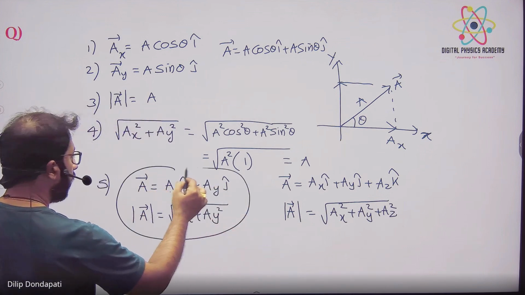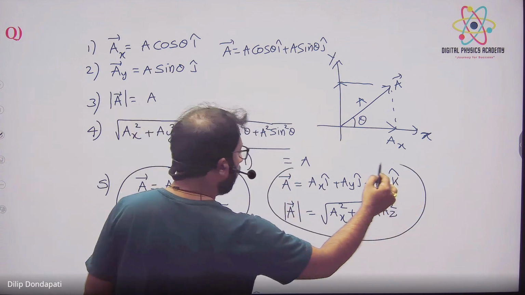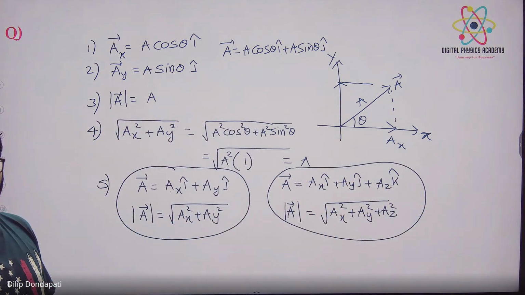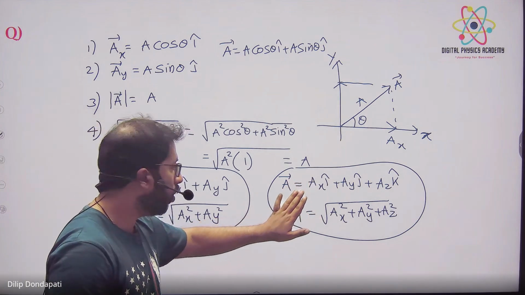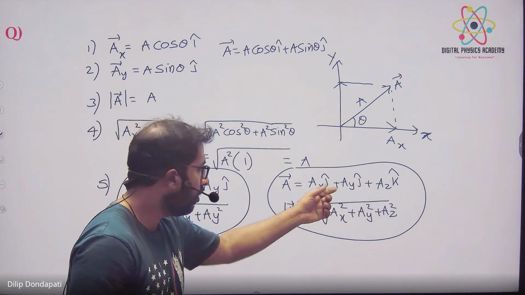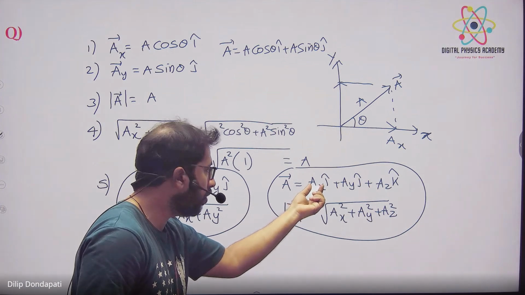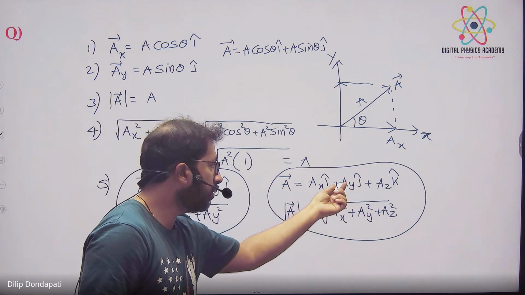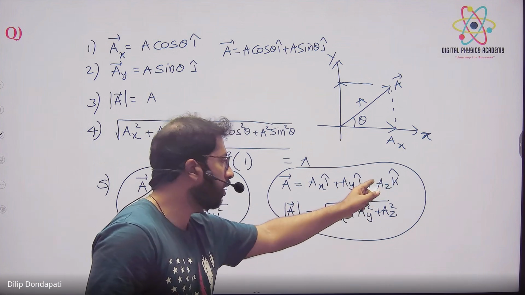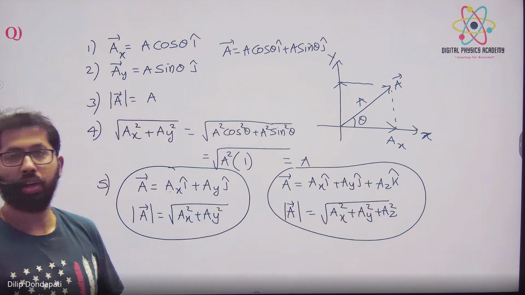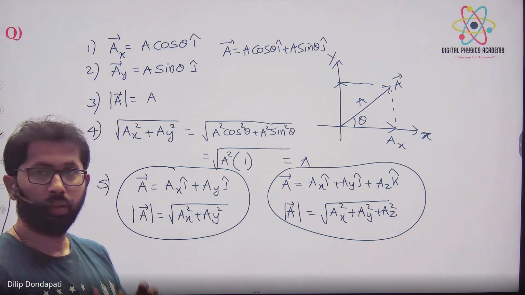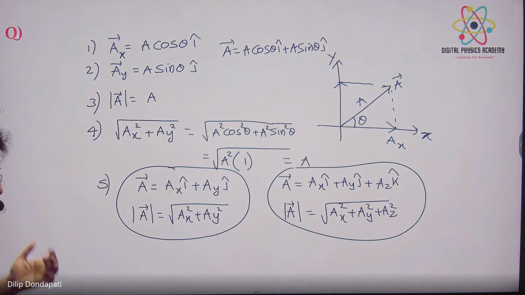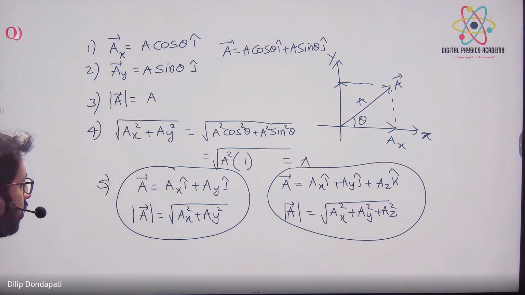These two things you have to understand. So whenever they given in Cartesian form, how to find magnitude: under root, i के बाजू में जो भी है उसका स्क्वायर करो, j के बाजू में जो भी है उसका स्क्वायर करो, k के बाजू में जो भी है उसका स्क्वायर। This is a way of finding magnitude. Okay, whenever Cartesian form is given, the way of finding magnitude is this formula.